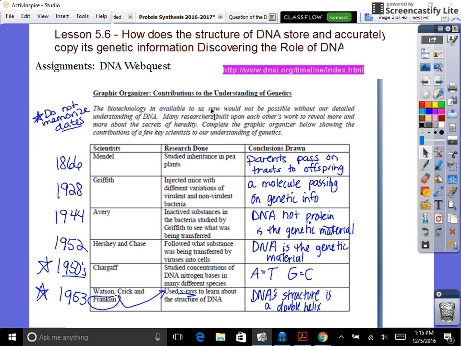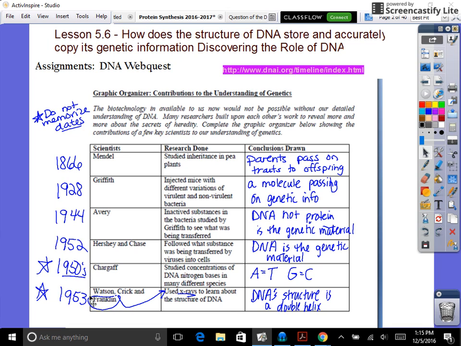On the next page in our packet, depending upon what course you're taking, you have some information about scientists either filled out for you or you had an assignment where you researched some of these scientists. But either way, if you want to take a look, there's a timeline that you can check, but you do not have to memorize the dates. The main scientists that you're responsible for are Erwin Chargaff in the 1950s, and then Watson, Crick, and Franklin in 1953.